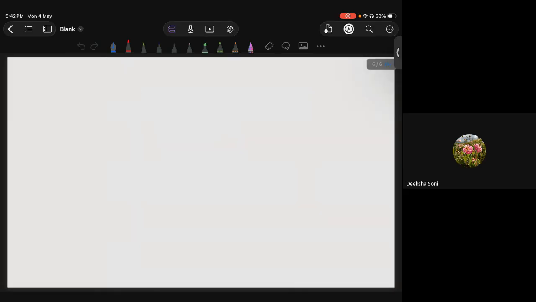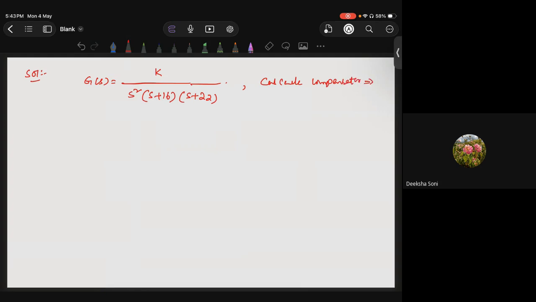So first, the open loop transfer function. G of s is given; substituting the A and B values, s square, s plus 16, s plus 22. Let's say the cascade compensator is C of s.